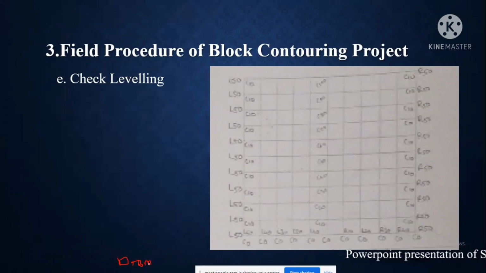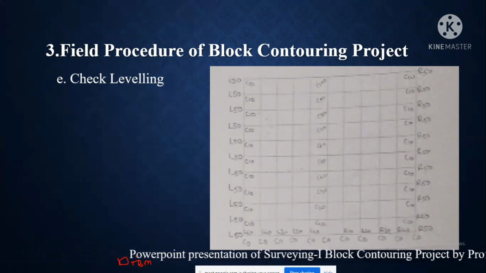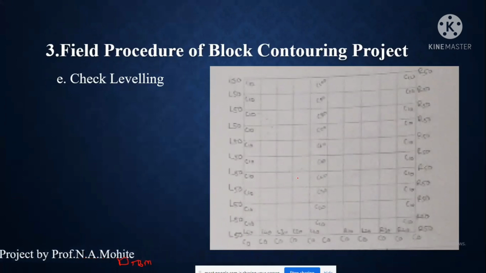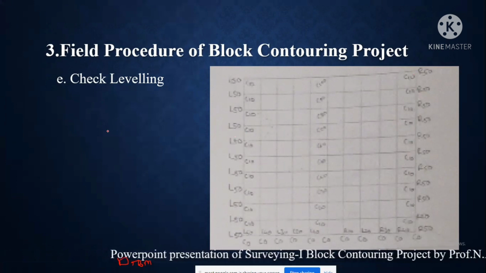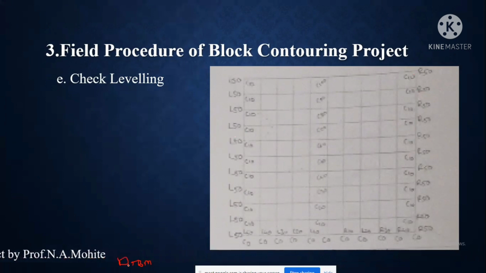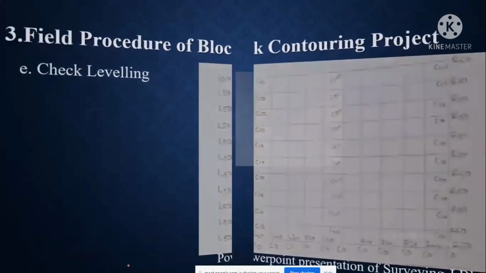Suppose I take the RL of this TBM initially as 500 meter; with respect to that I calculate the RLs of all these points. Then from the last point I do the check leveling, and reaching the temporary benchmark, at the last also it should be the same, that is 500 meter. That is nothing but check leveling.